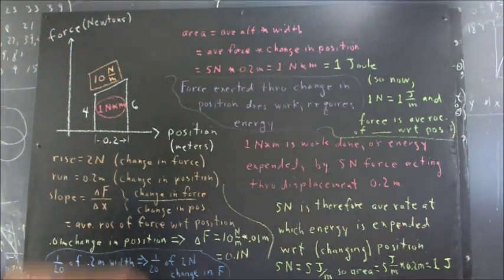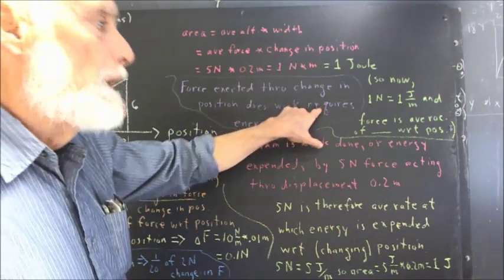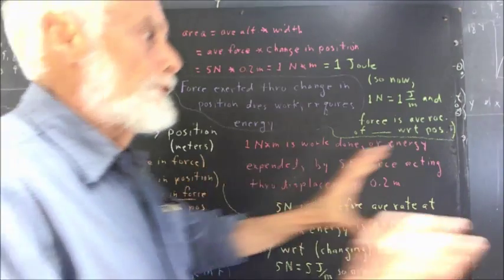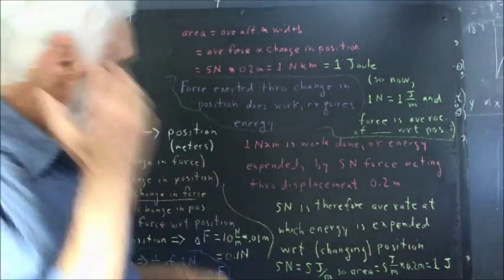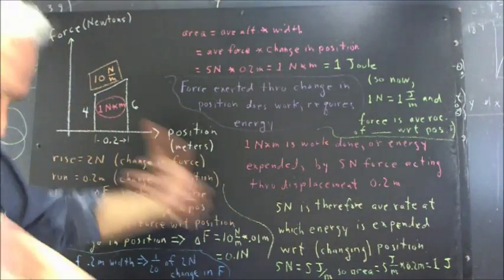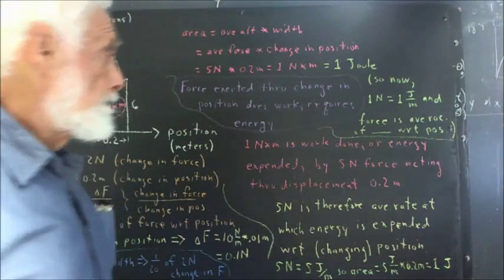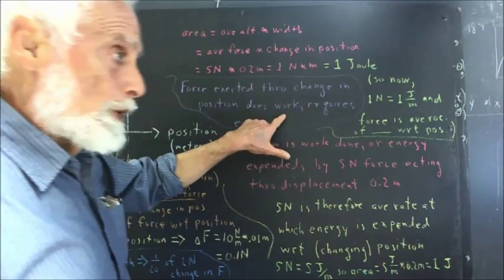First of all, force exerted through a change in position does work and requires energy. If I push a car 10 meters with one force, then push it 10 meters with a greater force, we expect it to attain a greater speed, therefore a greater kinetic energy. So my greater force did more work.